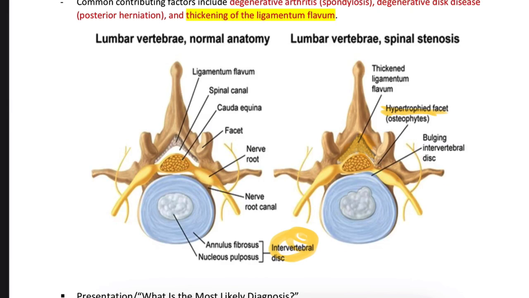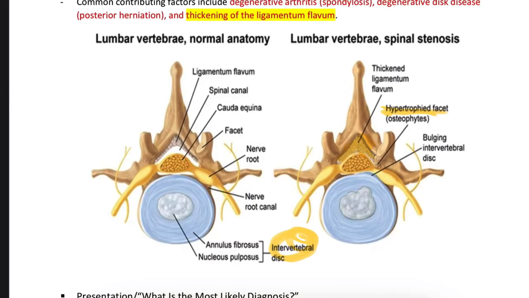Management will be conservative treatment, like activity modification, avoiding prolonged standing and walking. Physiotherapy includes core strengthening and lumbar flexion exercises. Analgesics like NSAIDs are used for pain relief, gabapentin and pregabalin for neuropathic pain, and epidural steroid injections reduce inflammation around nerve roots for short-term symptom relief.